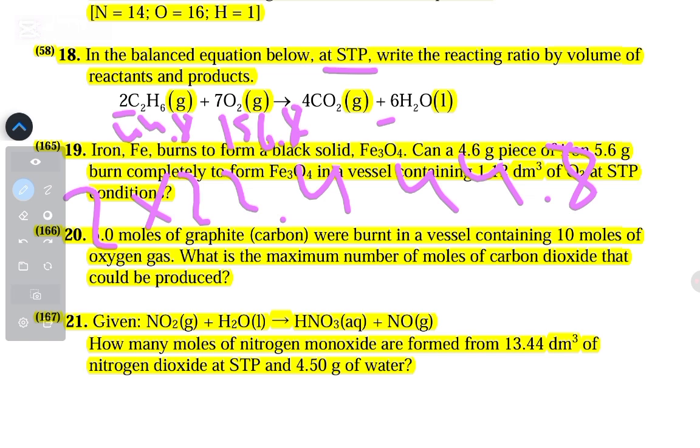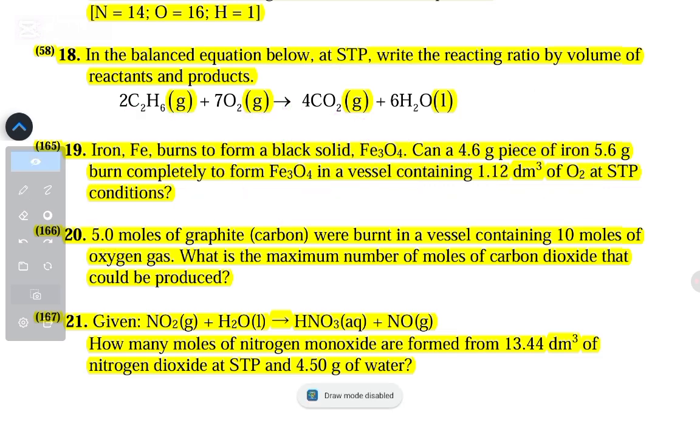For CO2, 4 times 22.4 will give you 89.6. And H2O, 6 times 22.4 will give you 134.4. Those are the reacting ratios in volume.